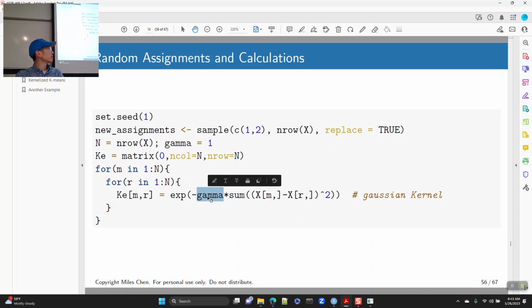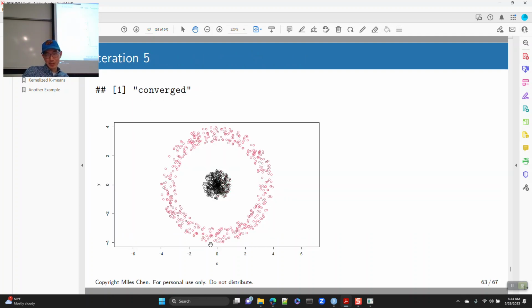You can play around with this value and pick a bigger gamma or a lower gamma, and similar to when you did SVM, different values of gamma gave you different flexibility in terms of the border that a linear boundary corresponds to. And here I don't know what the shape looks like in higher dimensions, but this is what we get.